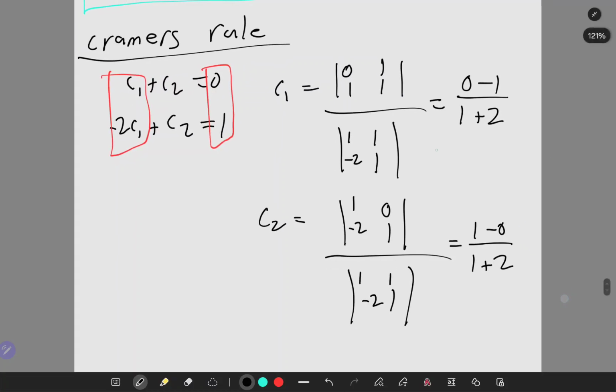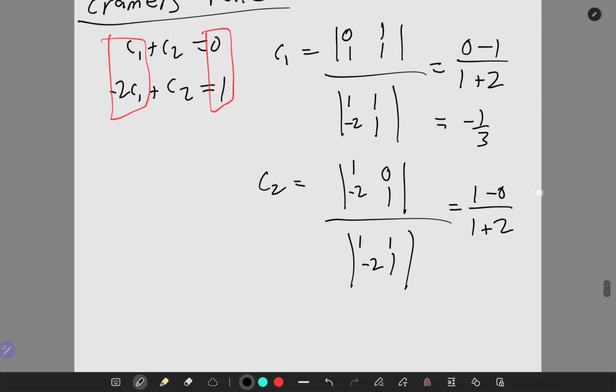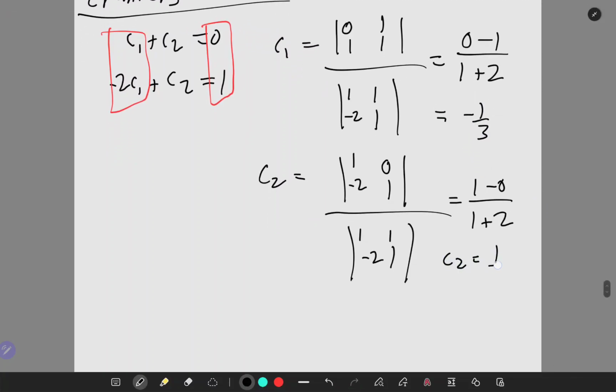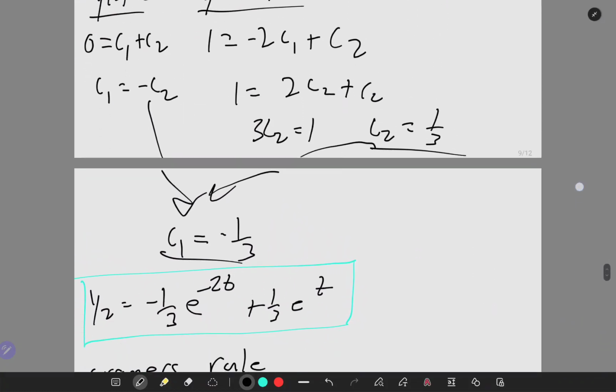So then our C1 is negative 1/3, and our C2 is equal to 1/3. And if we look back up here, C1 is negative 1/3, and C2 is 1/3.